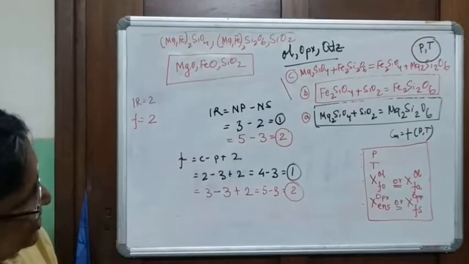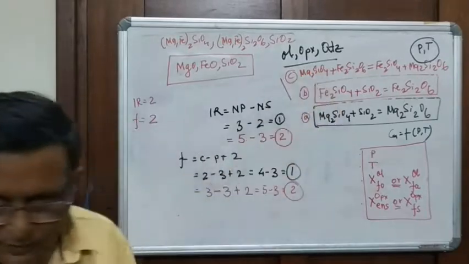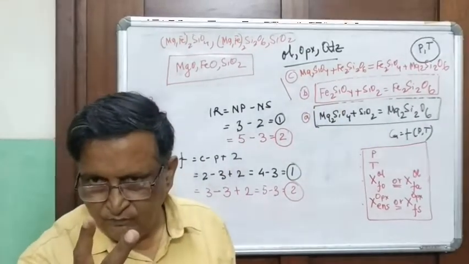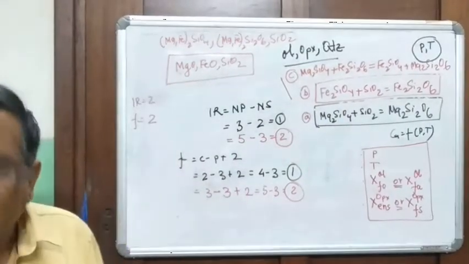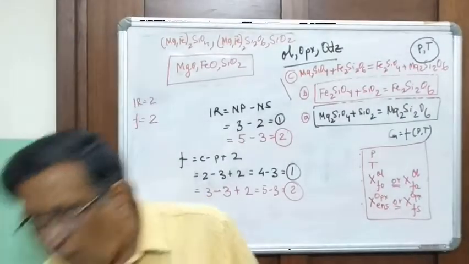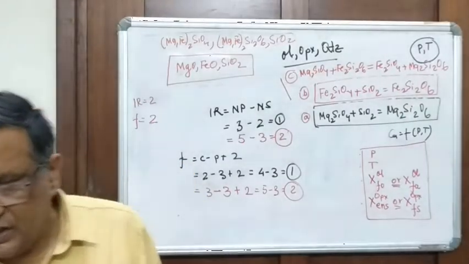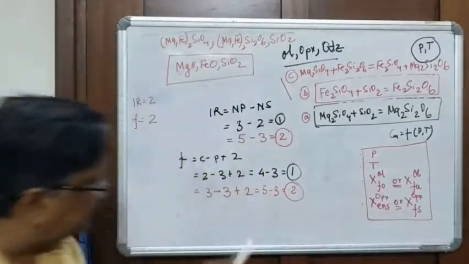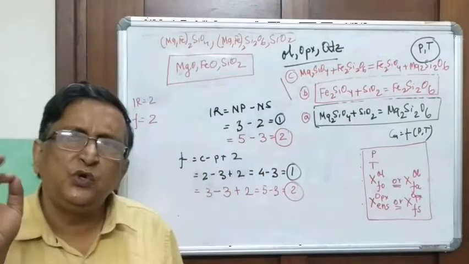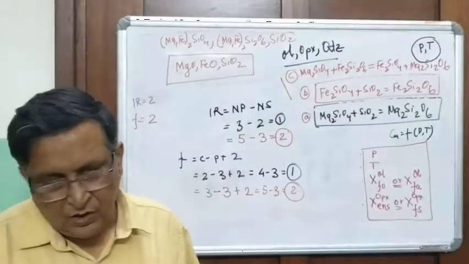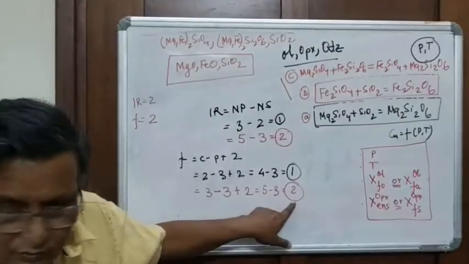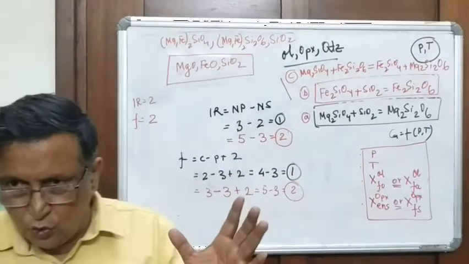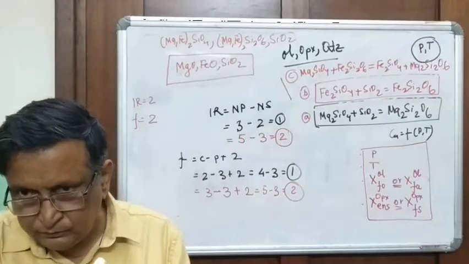But what it says is, out of the 4, you will only get 2. You won't get more, unless you can quantify the other 2 variables from outside. That is why Gibbs phase rule is so crucial. So Gibbs phase rule tells you you have 2 inputs to be brought in.